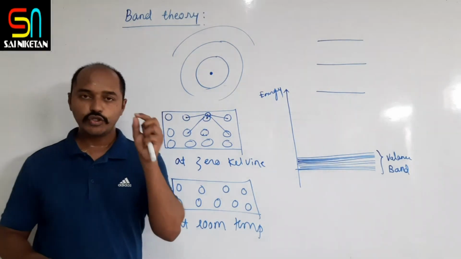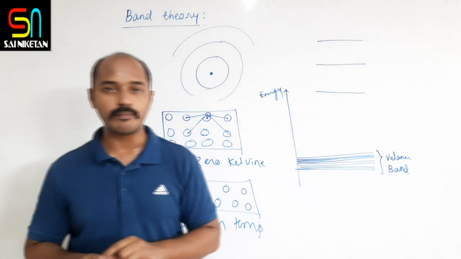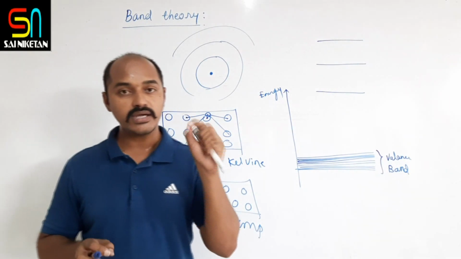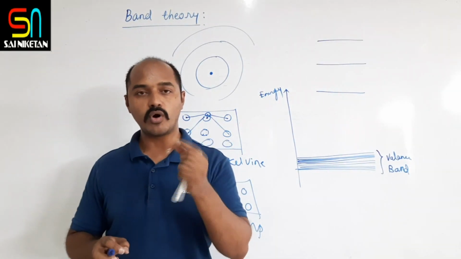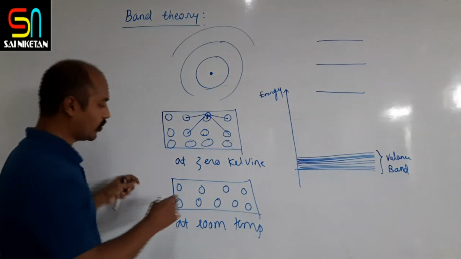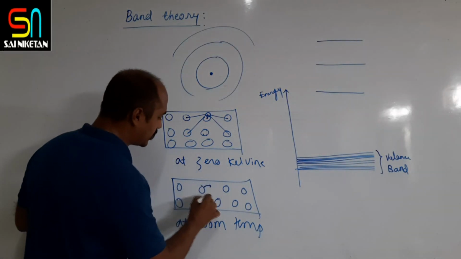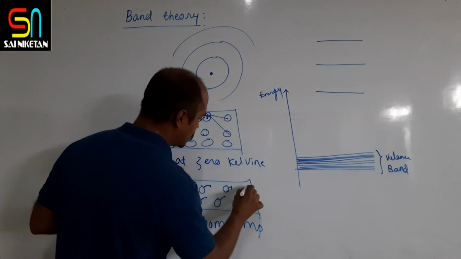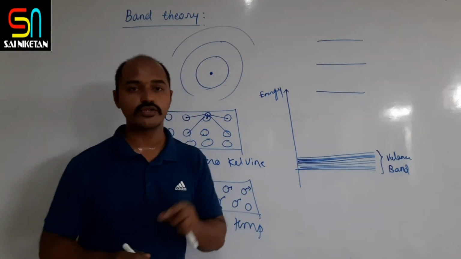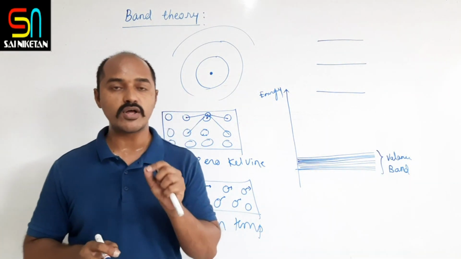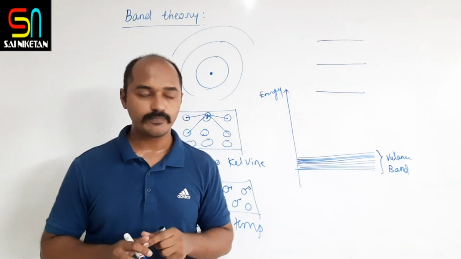Due to exposure to room temperature, the valence electrons absorb the thermal energy and escape from the valence band. They come out of the valence band, which means they are free from the nucleus. They are free from the nucleus's force of attraction. All those electrons are responsible for carrying current.